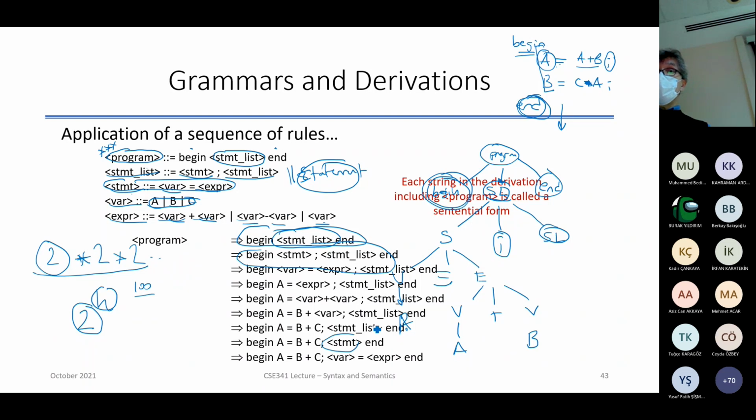You could have said statement list goes to statement and a statement list, but as I said, that will probably not go anywhere. Or you may go a little bit further down and you'll have two answers. One, you'll start somewhere, you won't have any more tokens, and you'll say, okay, this is not matching. Matching failing doesn't mean that your syntax is wrong. It means that this choice is wrong. So you backtrack and do this again.